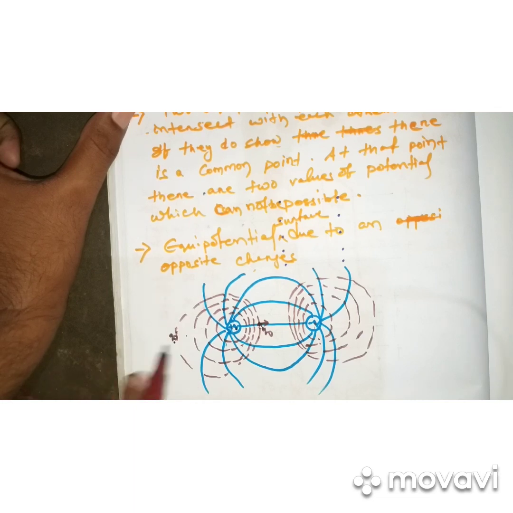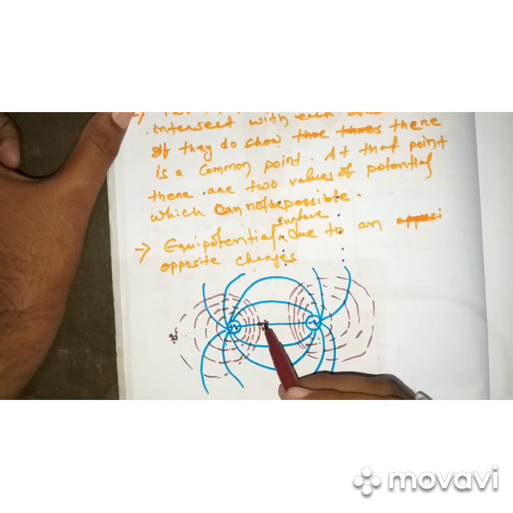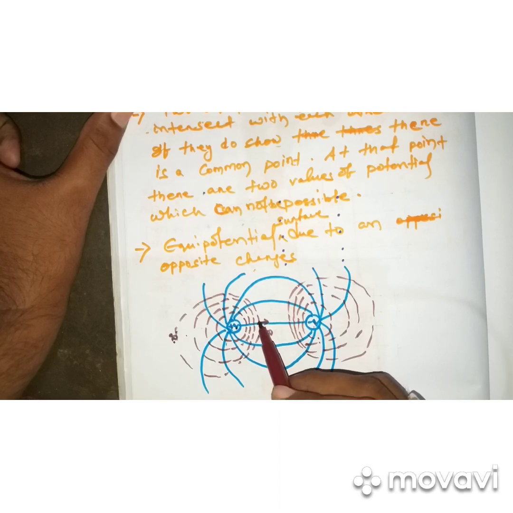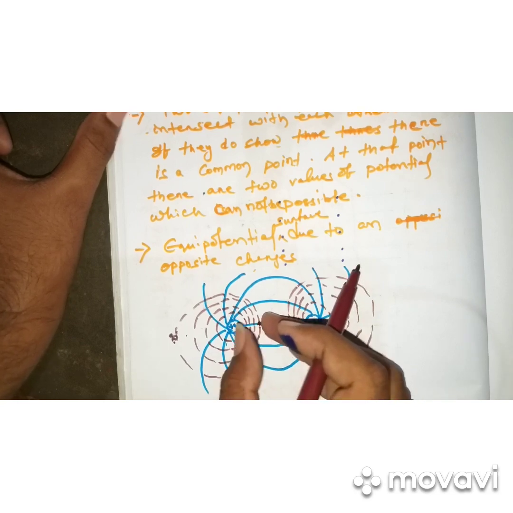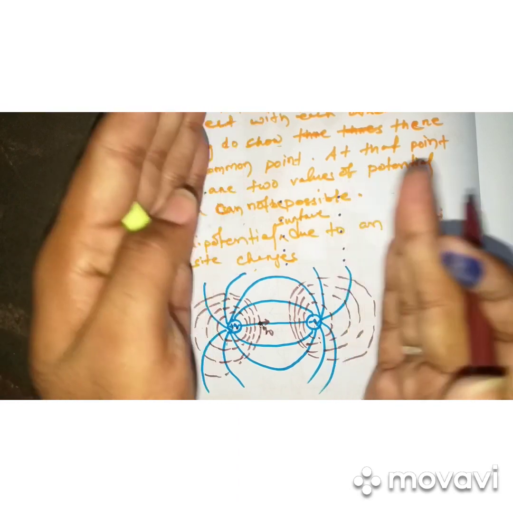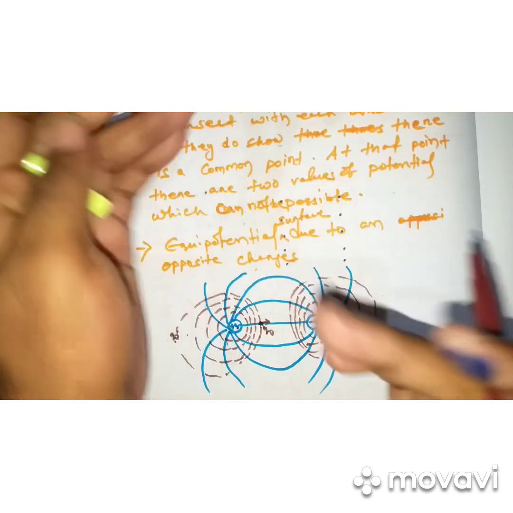That's why that electric field intensity is less strong as compared to the electric field intensity generated at the other region. So due to the stronger electric field, they are squeezed very close to each other.